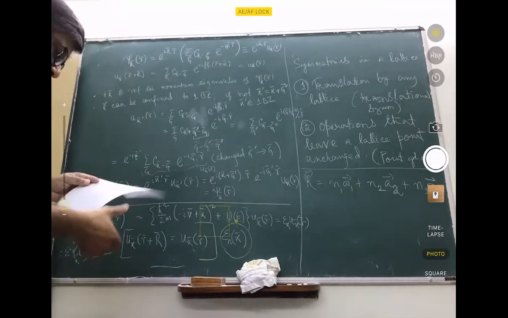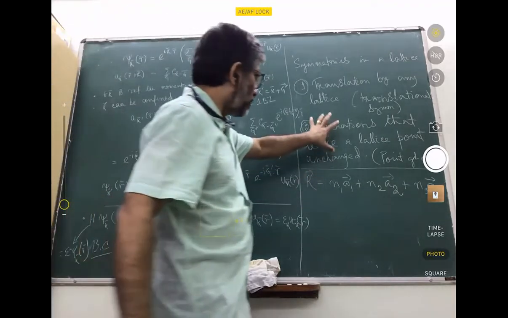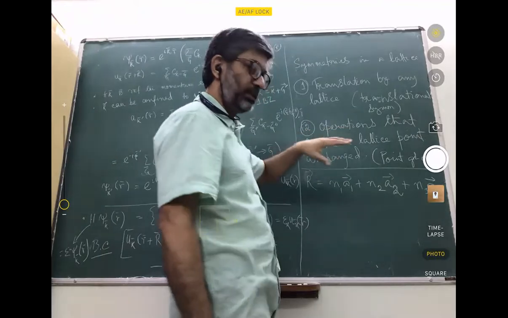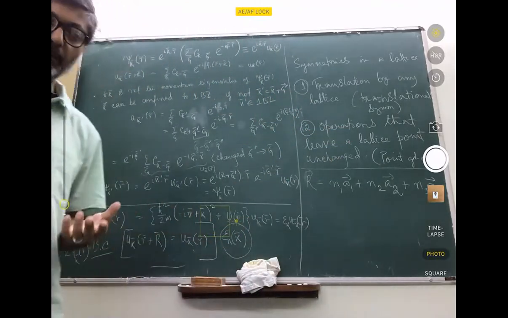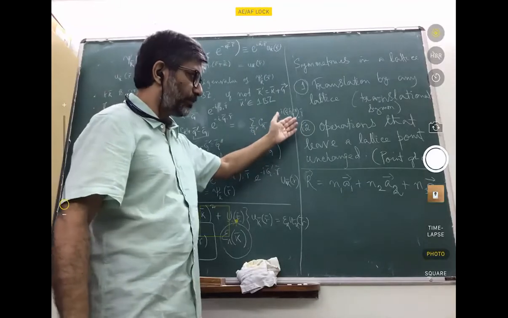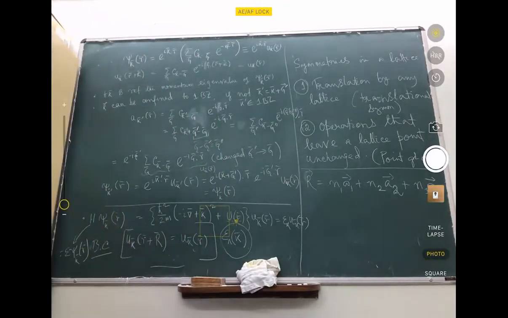And I won't even get into the space group classification of the lattice, but with these point group operations, at least intuitively, geometrically, it's not difficult to visualize them. So I'll talk about this a little bit, and based on this, you can classify lattices into basically 7 types. So that is what I want to talk about now.